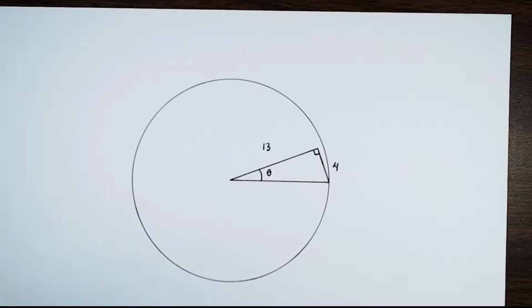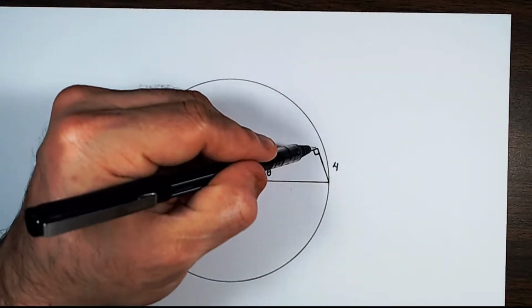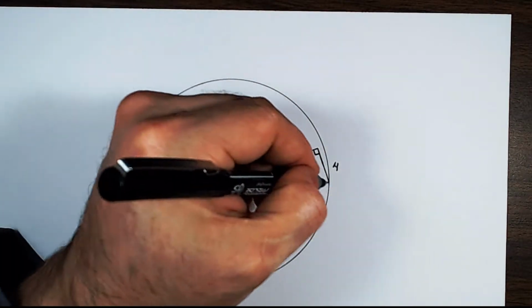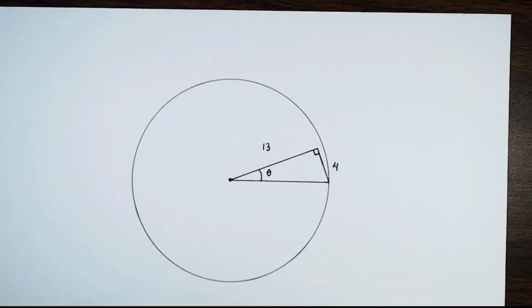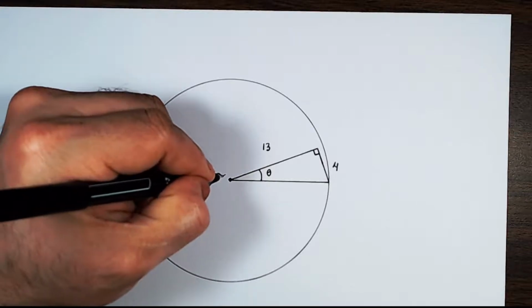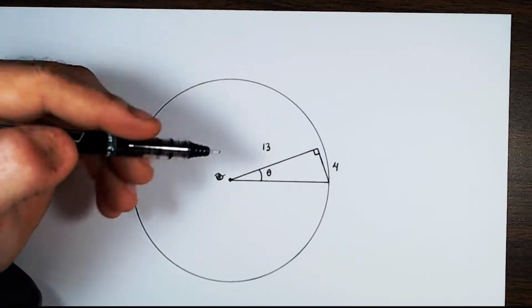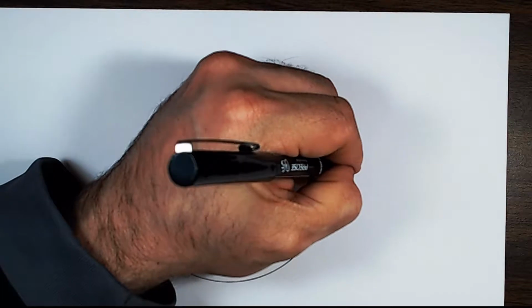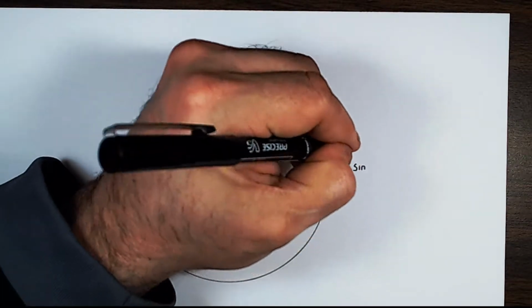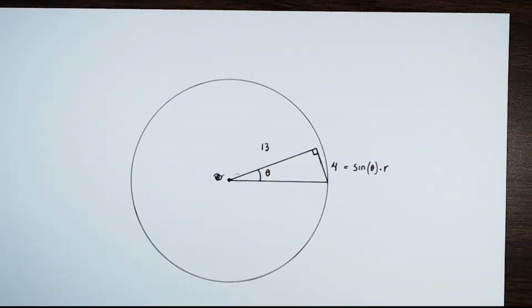And now we can sort of go to work. So if we recall, the radius of a circle is the hypotenuse of a triangle. This is my reference angle. This is where I'm looking from. So opposite of my reference angle is the sine of theta multiplied by the radius, which I don't yet know, but I will in a moment.